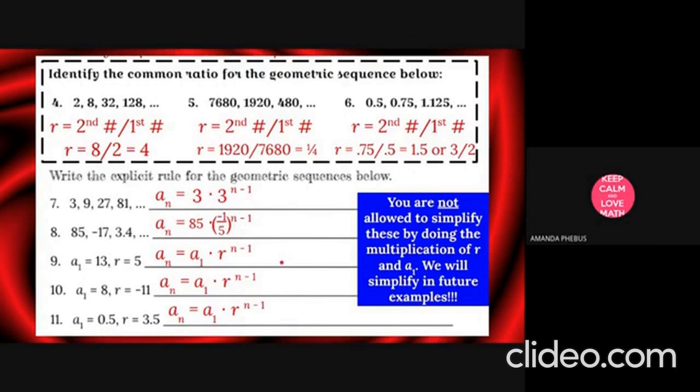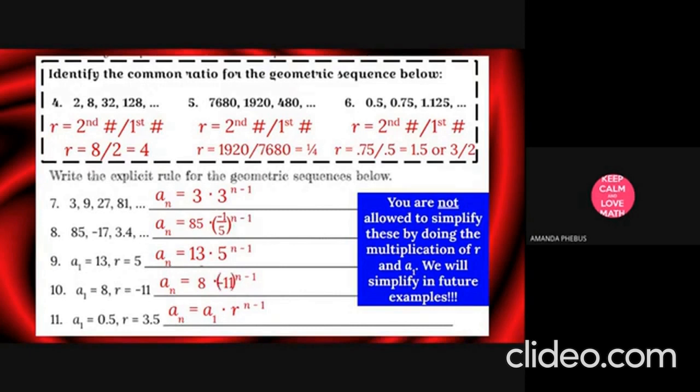All right, number 9, we're going to plug in 13 for a sub 1. We're going to plug in 5 for r. And there we go. We've got the explicit rule. For number 10, we're going to plug in 8 for a sub 1. We're going to plug in negative 11 for r, but we're going to make sure we wrap that in parentheses to keep that negative together with the 11 so we don't lose it.